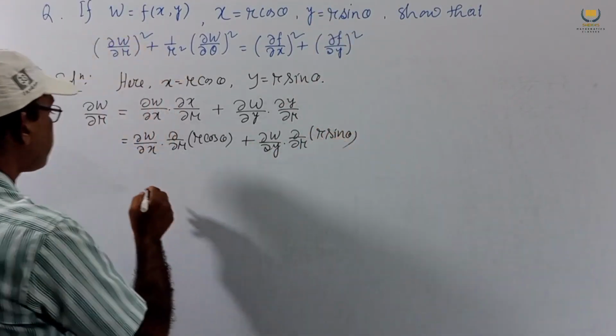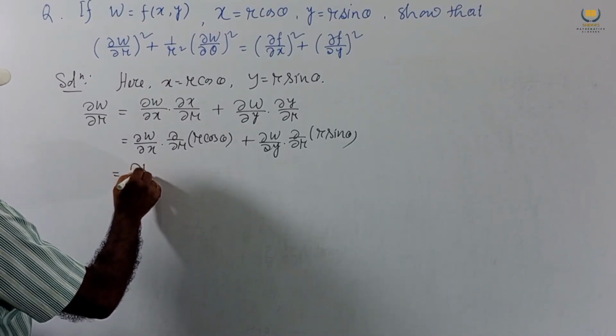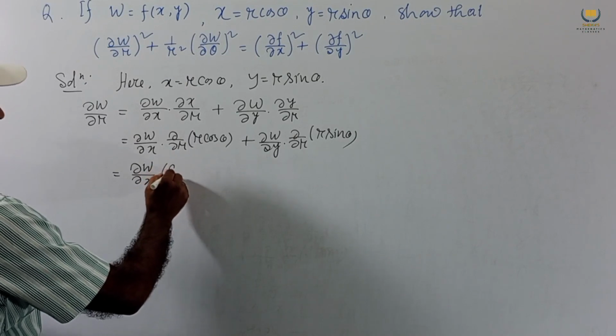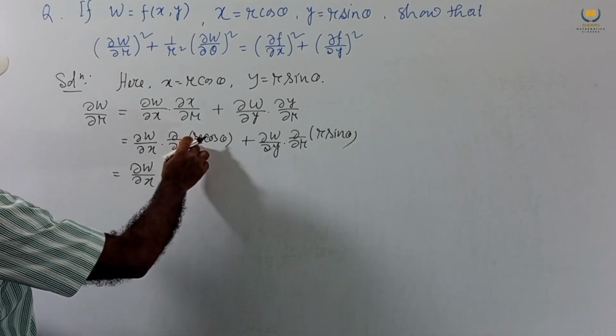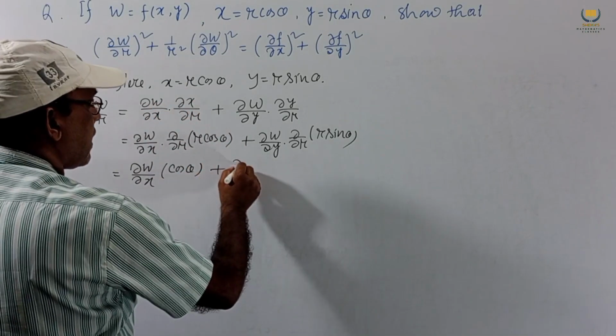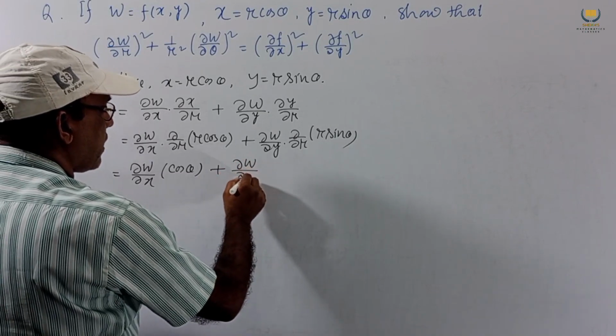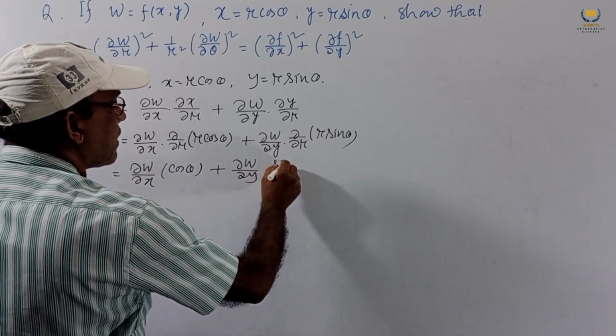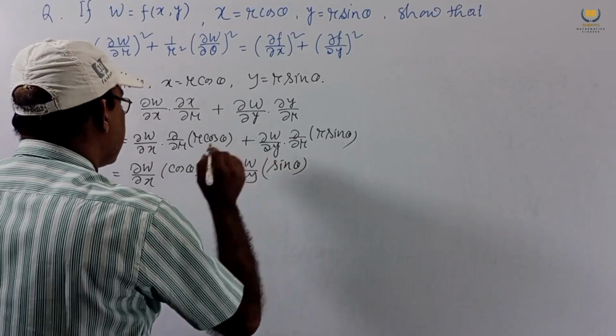We get this. So this is equal to ∂w/∂x, and this is cos θ, ∂x/∂r is 1 cos θ, and ∂w/∂y, and this is sin θ, ∂y/∂r is 1 sin θ.